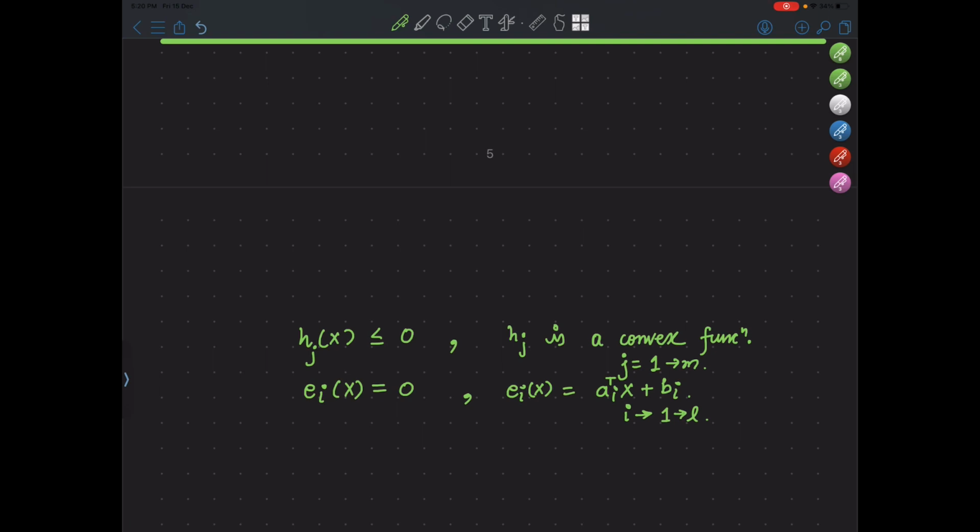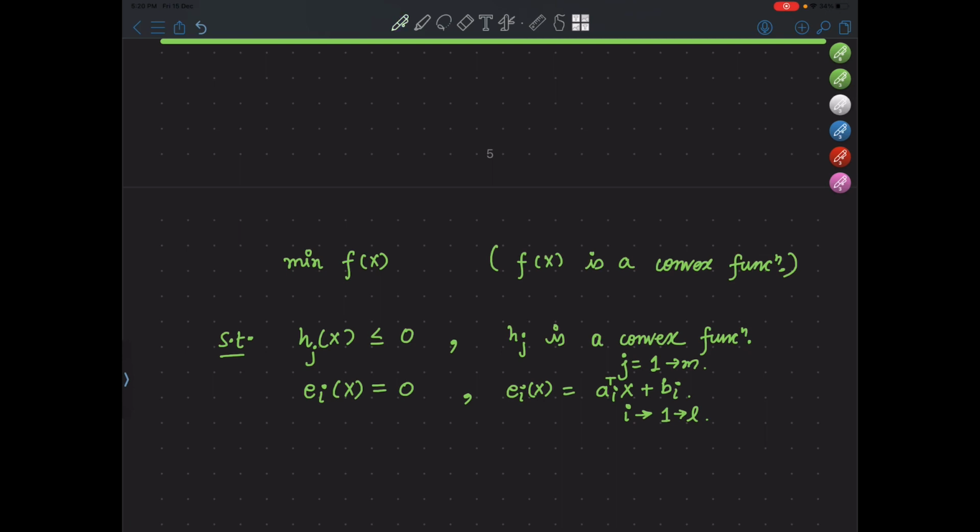Let's assume these to be constraints, and above that let's form an objective function f(x) such that f(x) is a convex function, subject to these two constraints: some inequality constraints which are convex, where h is convex, and e_i linear constraints which are also convex.